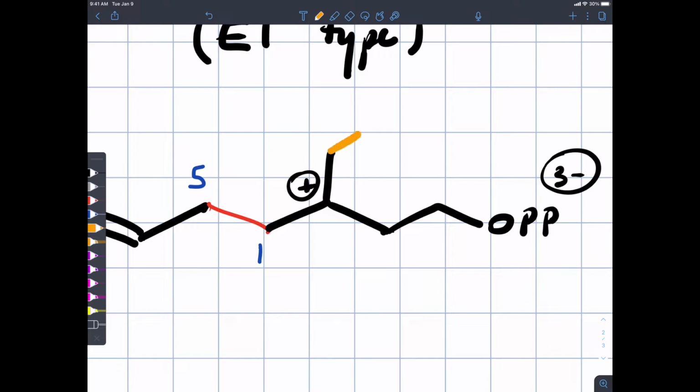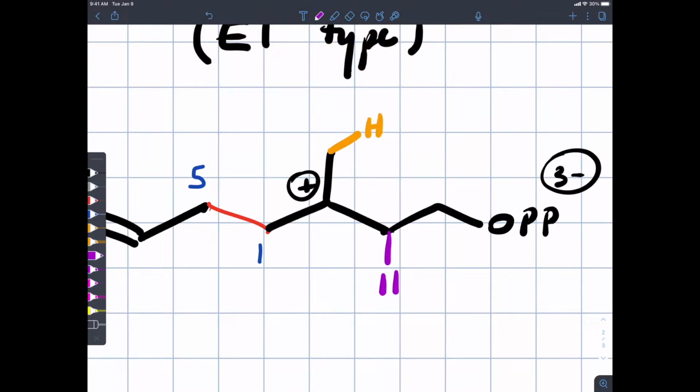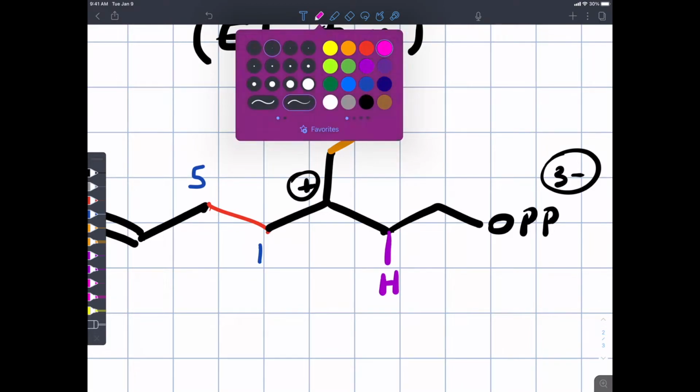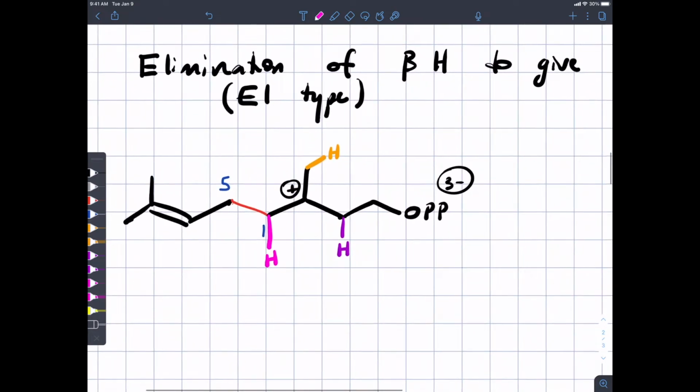And there are a lot of reasons for that. We won't go into it, but you were told that if you can identify protons that are adjacent to a positive charge, then you can do an elimination reaction where a base removes a proton and the electrons in that carbon-hydrogen bond kick down to form a new pi bond. That's E1 elimination. So what I'm doing now is I'm highlighting all the different beta protons that we have.